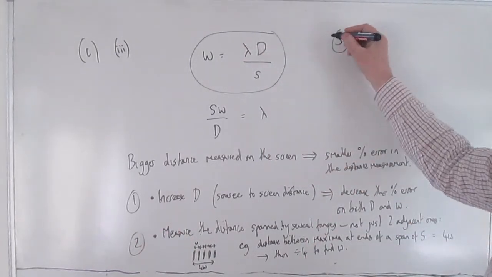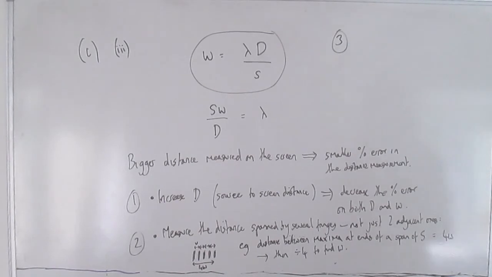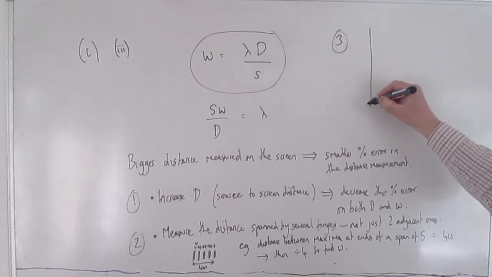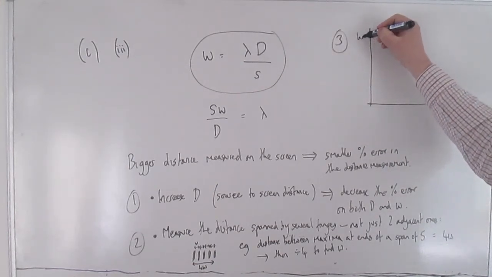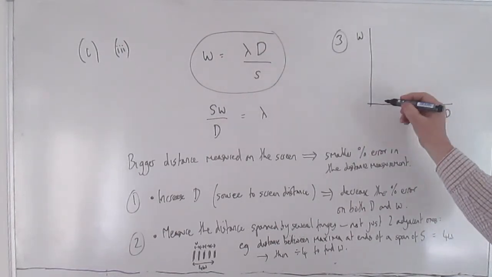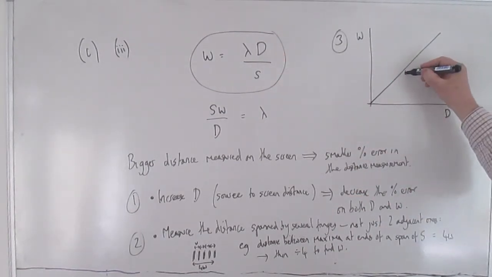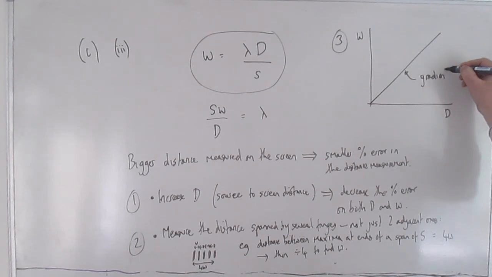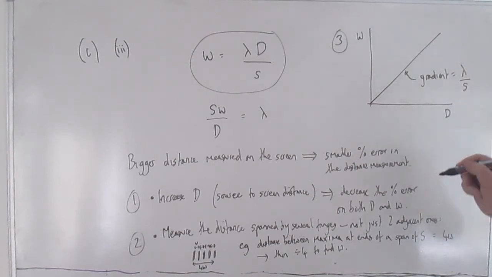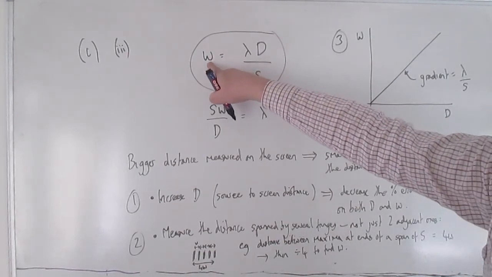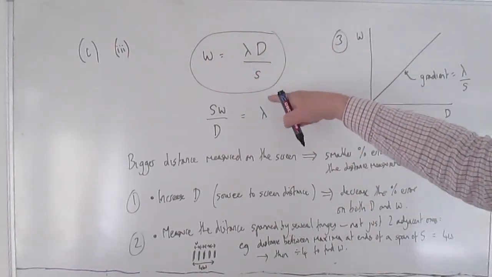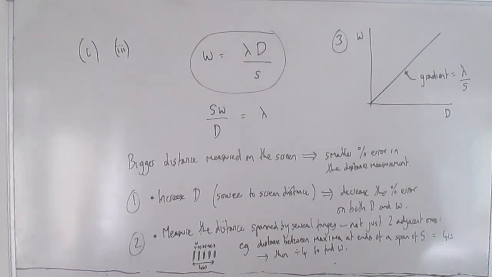which is to remember that you're used to the idea in physics by now that where possible, rather than try to measure something from a single data point, you try to construct a graph. And you can see in this case that if we plot W as a function of D, then W is directly proportional to D, so we're going to get a straight line like that, and the gradient of the straight line will be lambda over S. Because that's just W is equal to lambda over S times D, so lambda over S is the gradient of the straight line.